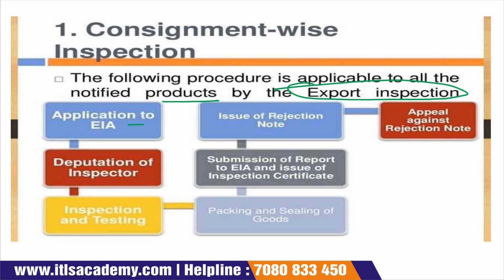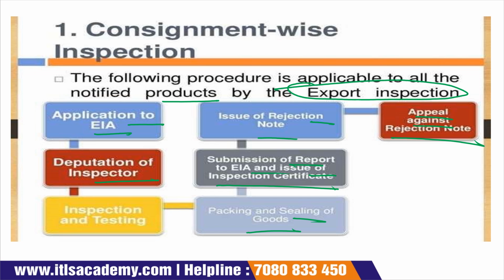First of all, application to EI, then deputation of the inspector, then inspection and testing, then packaging and sealing of goods, then submission of reports to EI and issue of inspection certificate, then issue of rejection notes and appeal against a rejection note.